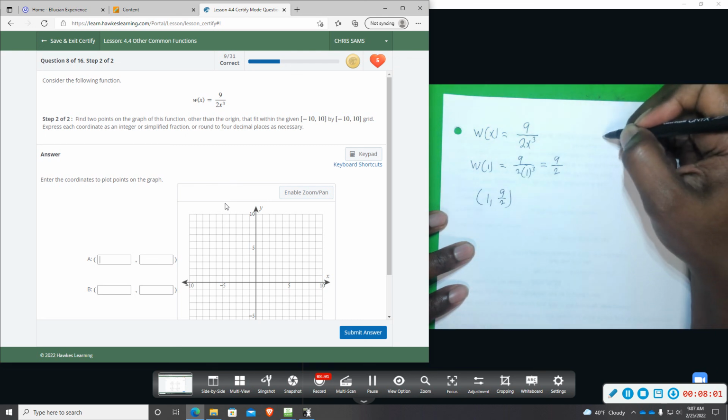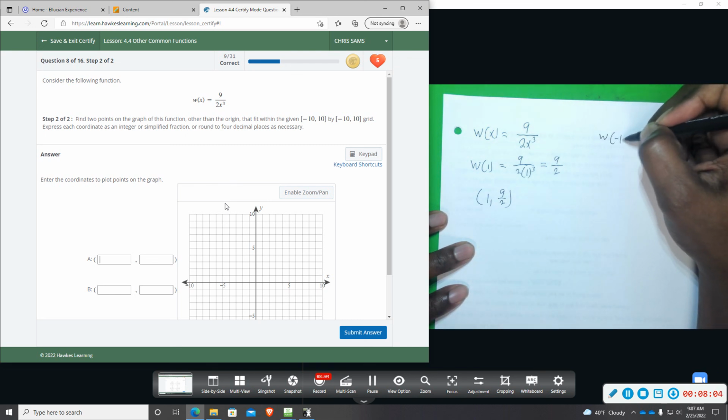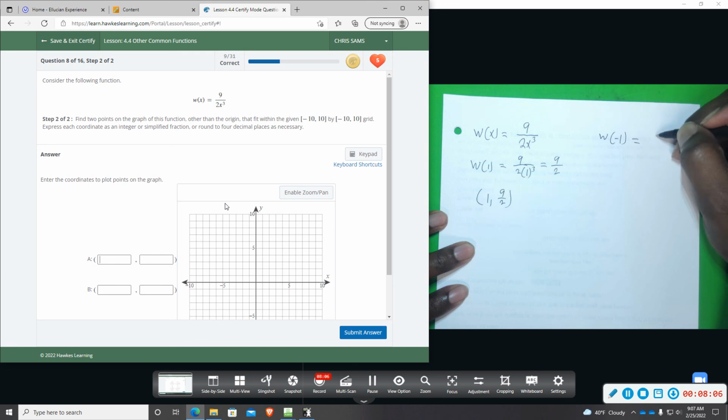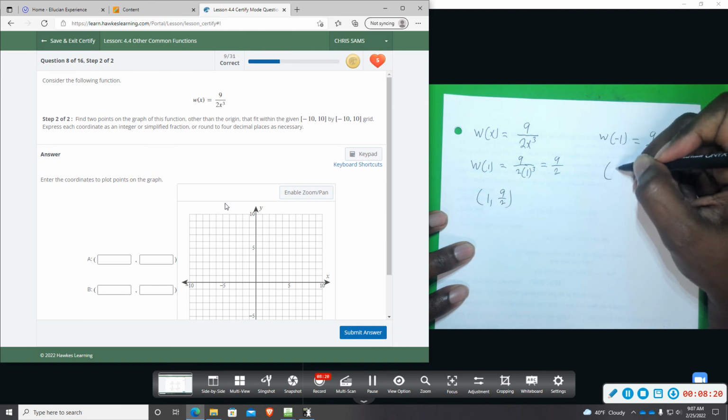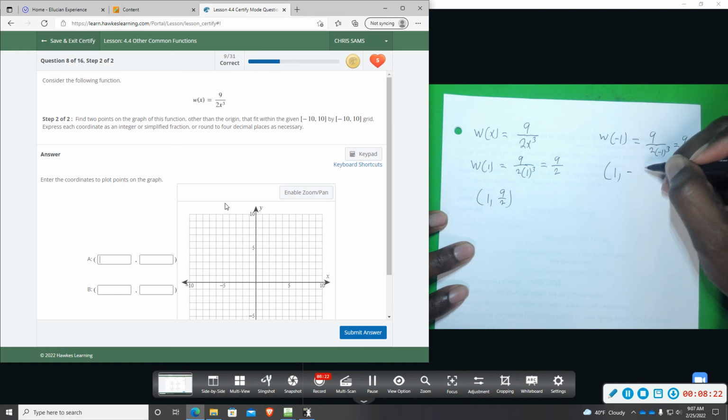And then if we plug in a negative 1, negative 1 to the third. Negative 1 to the third is a negative 1, so you get 9 over 2 times negative 1, and that would end up giving you the ordered pair 1 and a negative 9 over 2. So all that negative 1 is doing is changing the sign.